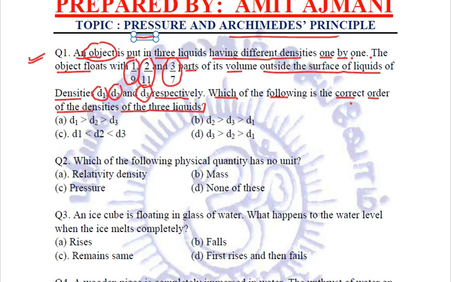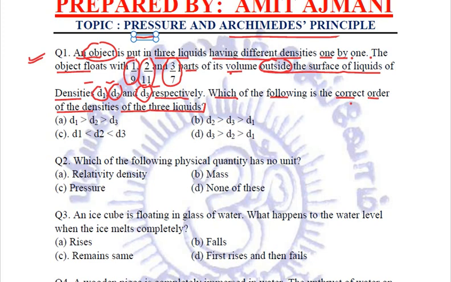So if we try to relate, then we can see that this object, when it is put in these three liquids with densities D1, D2 and D3, it is floating with 1 by 9th, 2 by 11th and 3 by 7th part of its volume outside the surface.